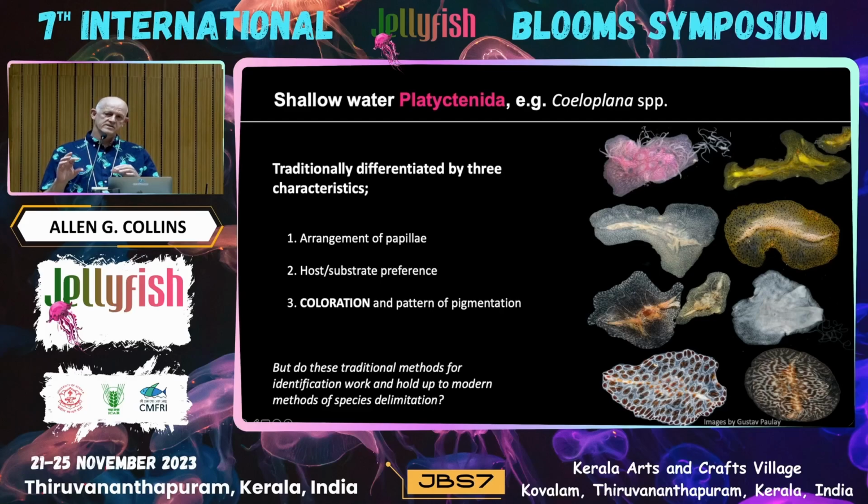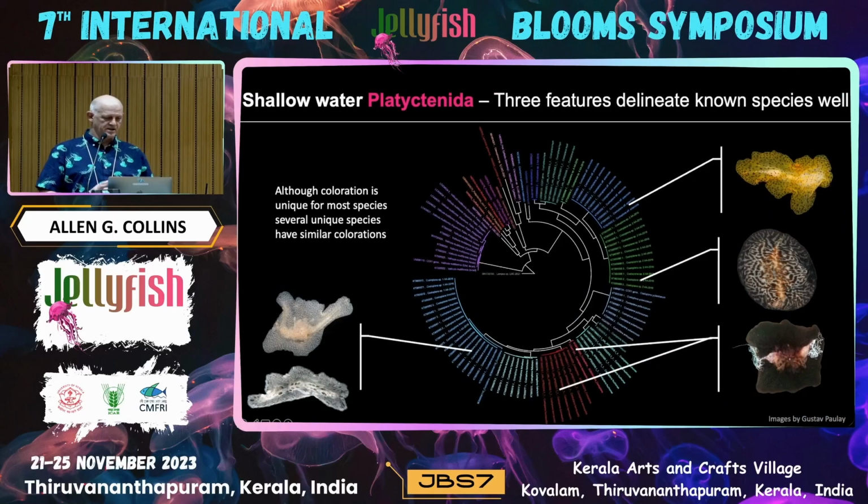And these species have been differentiated in the literature and described based on basically 3 different characters: the arrangement of some papillae that are on their aboral surface, the host or substrate that they're found on, and then also the coloration and the patterns of the pigmentation across the body. But how do these characters relate to the genetic data that's coming out on them?